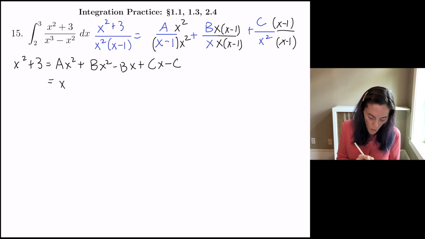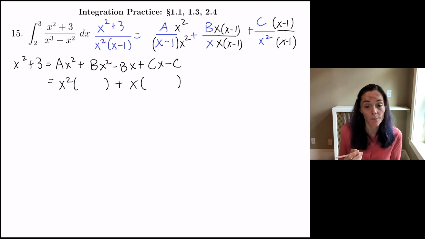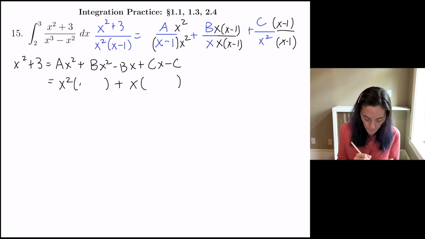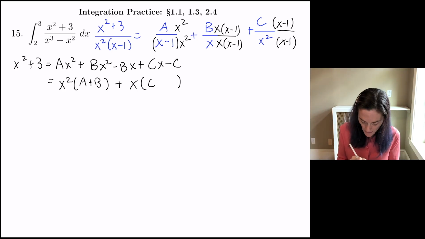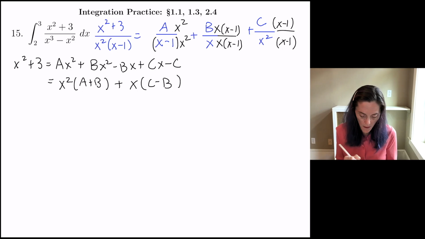We have x squared times something plus x times something, and then plus our constant. We have x squared times A plus B. We have x times C minus B. And then the constant is minus C.